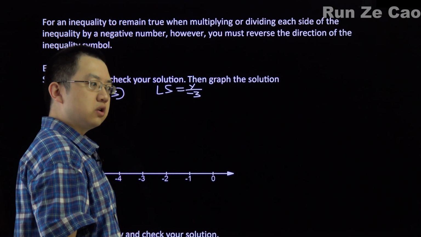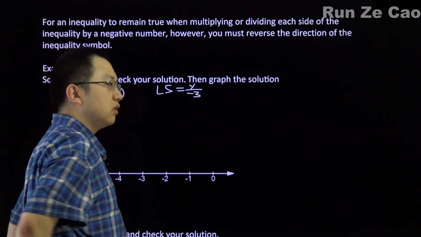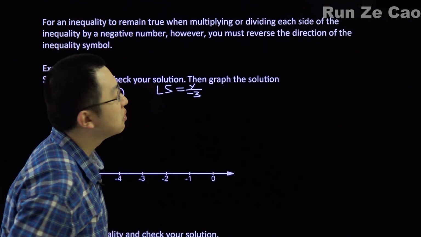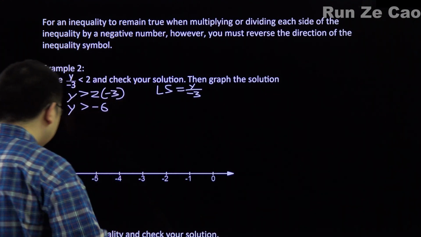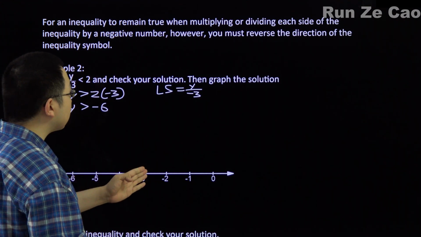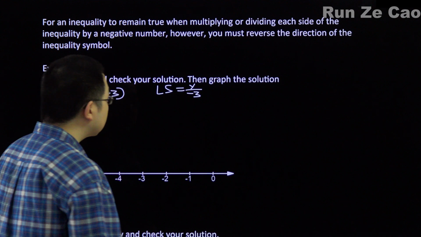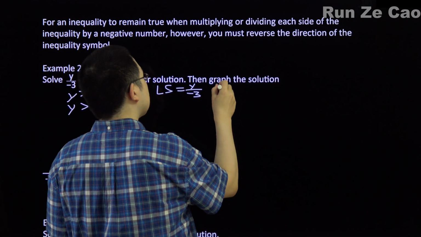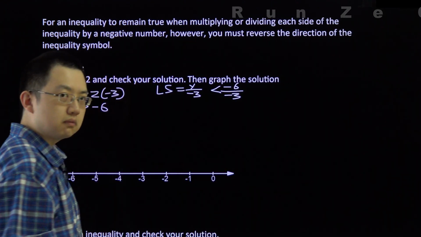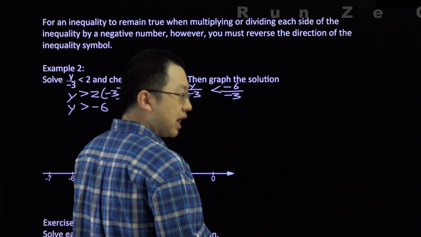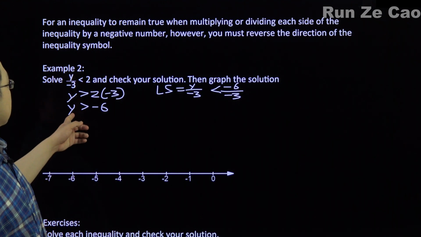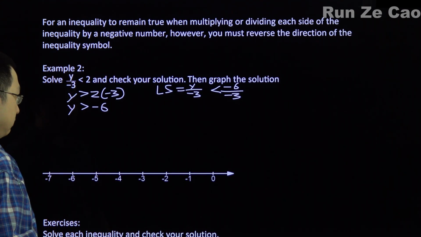What's the dividing going to give you? Negative 6 divided by negative 3 equals 2. But if it's bigger than negative 6, then you could get, say, negative 3 divided by negative 3, which is just 1. So this is going to be less than negative 6 divided by negative 3, because your y is greater than a negative amount.